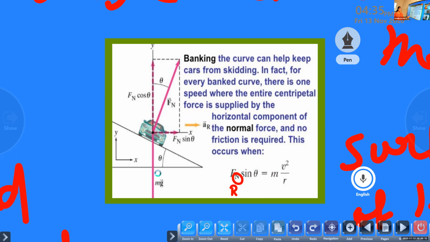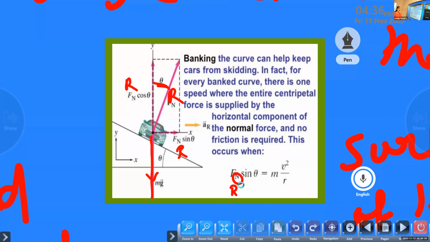Therefore, in the absence of frictional force, the horizontal component r sin theta is equal to mv square by r.